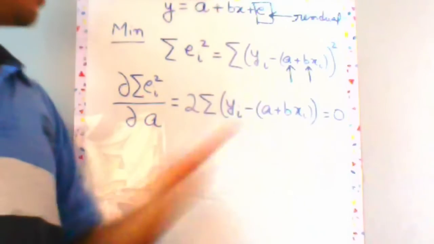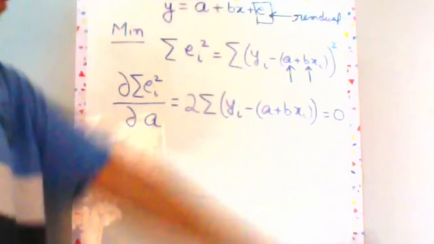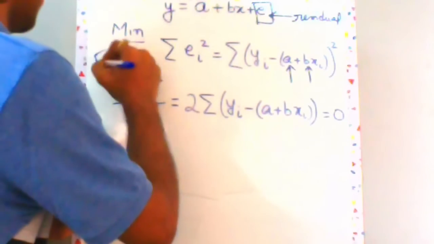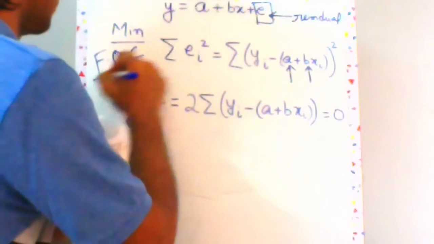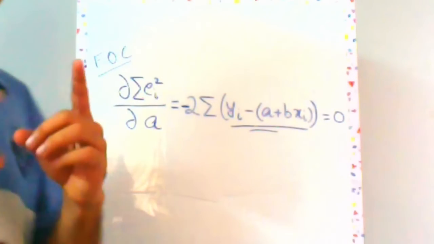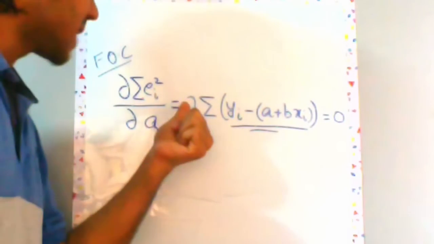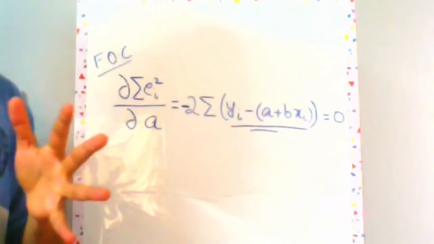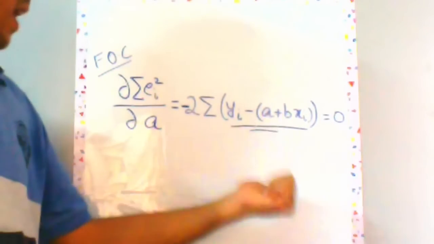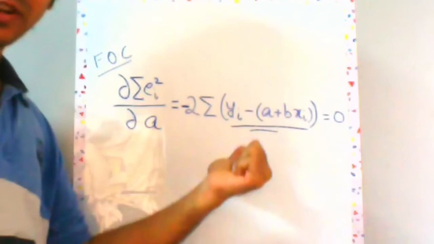So that is why you don't need to bother to go inside here. This should be equal to 0, the first order condition. FOC we call this in economics. And a bit of modification, you will also have a minus sign, which is inconsequential because you are equating it with 0. Minus sign because a has a minus in front of it.